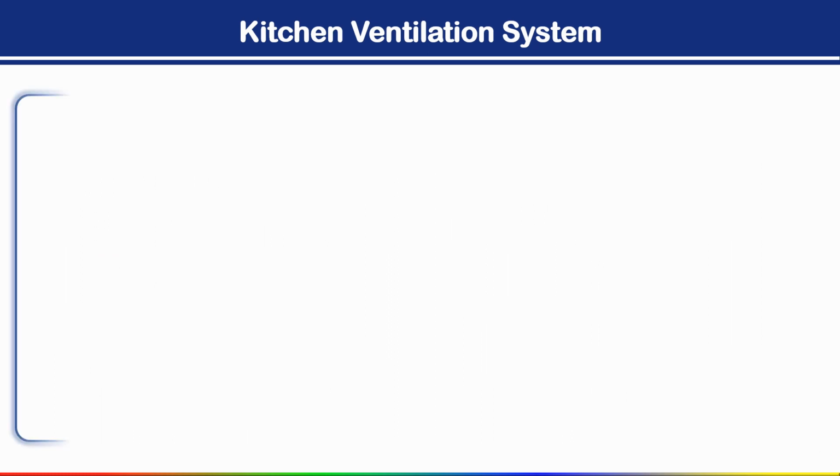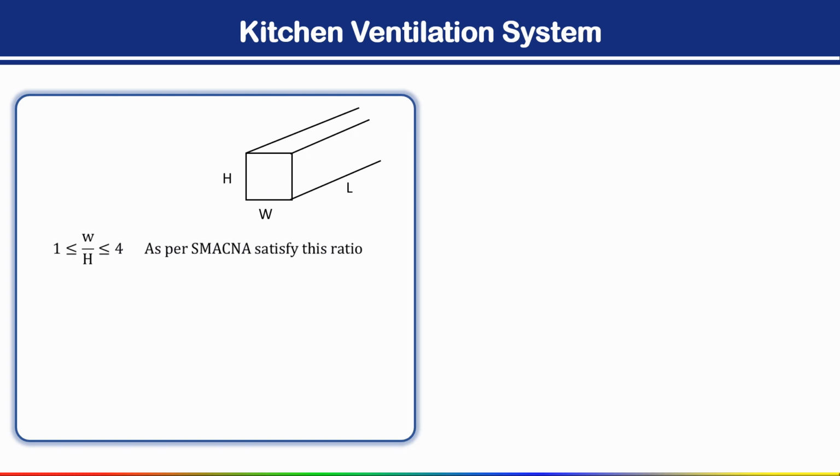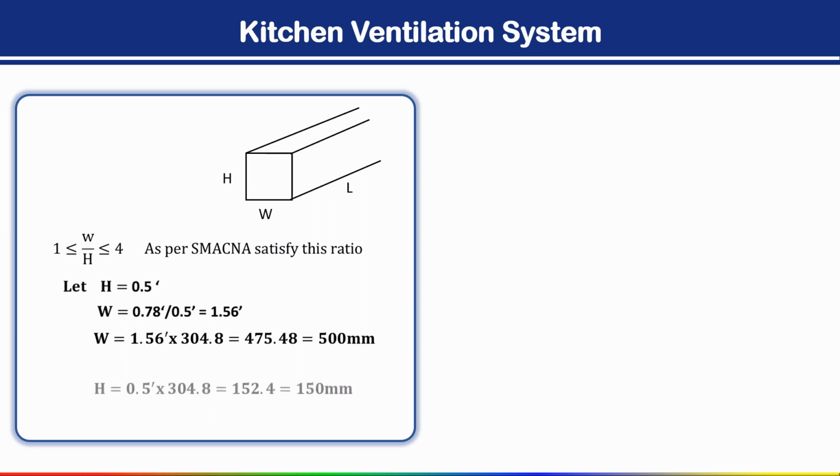So here we have to satisfy the aspect ratio. We have to assume the height. Let's say I have taken height 0.5 feet. When you put this value in that equation, you will get the width 1.56. So finally we get the width of the duct 500 mm and height of the duct 150 mm.